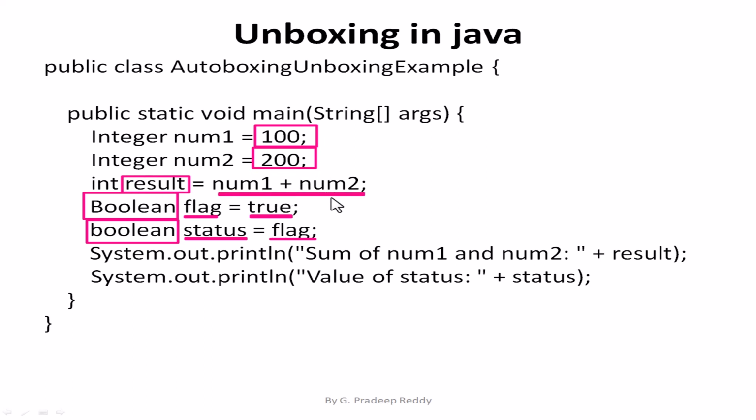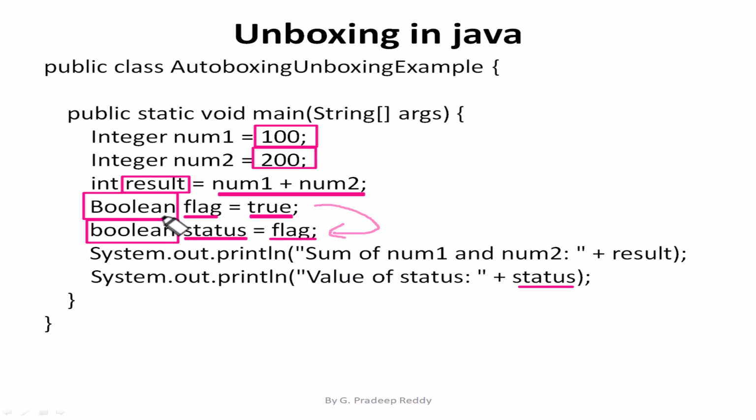What we are checking is the sum of number 1 and number 2. Now whenever we print the status, what is the status? Flag is a boolean data which is going to hold the value true. Status is a boolean which is holding the flag. True is the status, which is held by the primitive boolean.